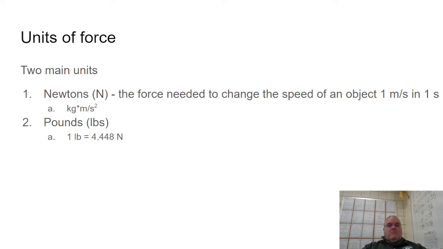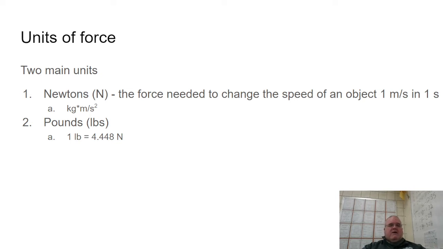So, first of all, what is a Newton? The Newton is the force needed to change the speed of an object 1 meter per second in 1 second. The units for that are kilograms times meters divided by second squared.